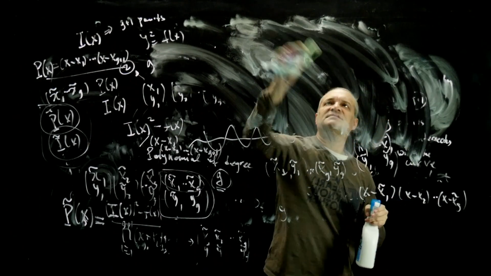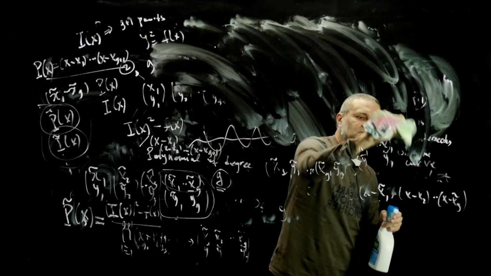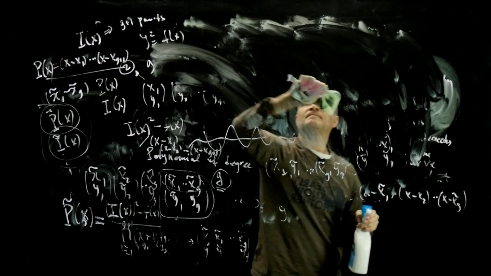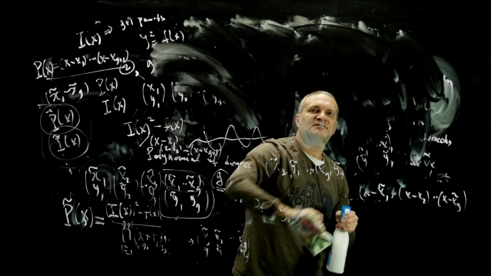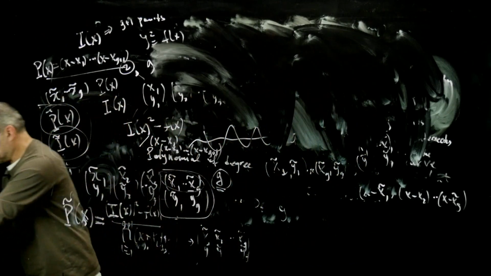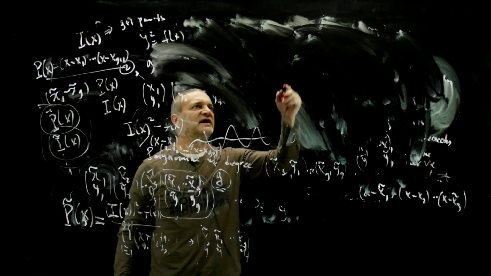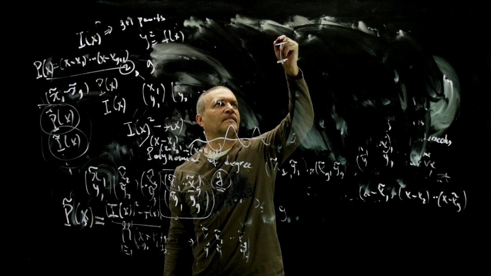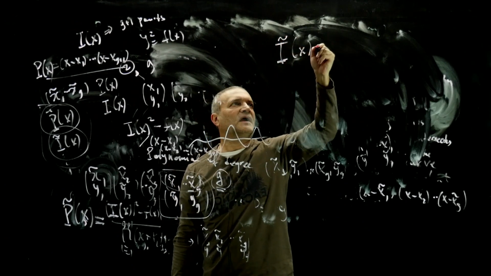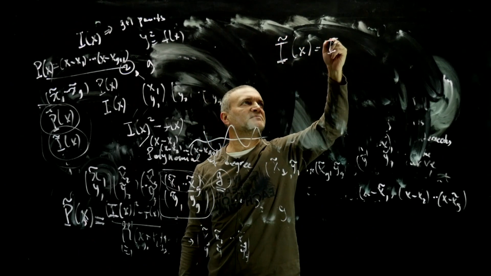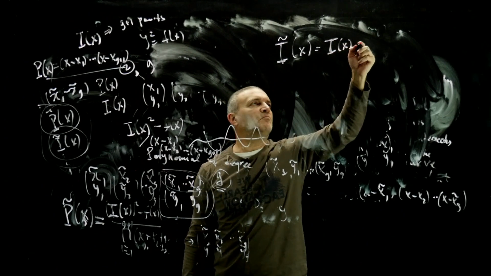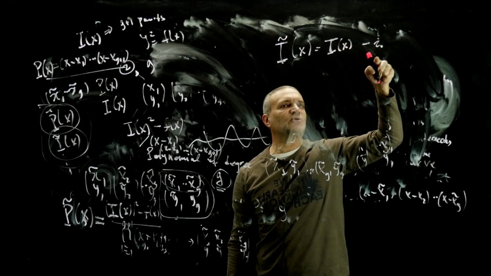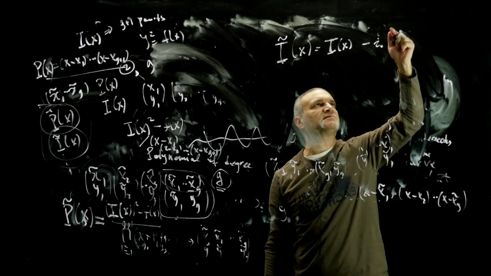How do you define I tilde x? And that's the main idea here. You can define I tilde x as ix minus I0, and I'm going to explain what I0 is.